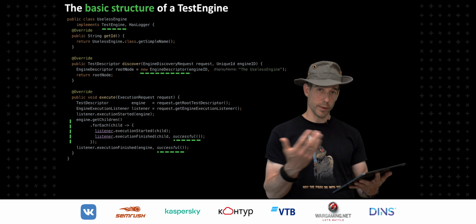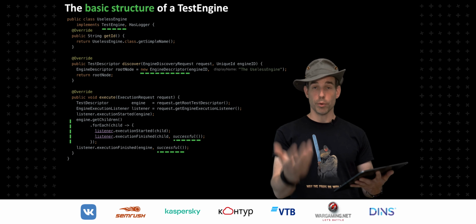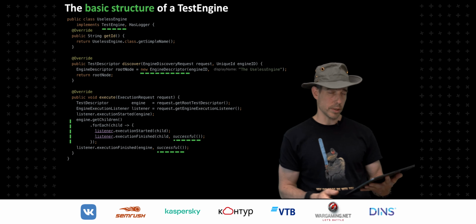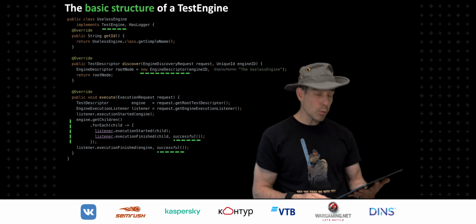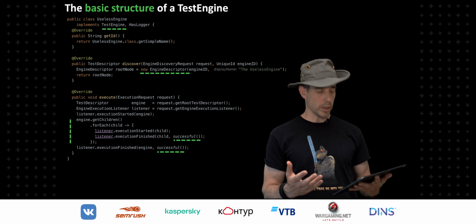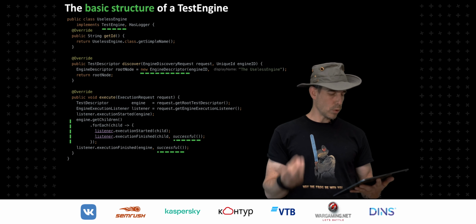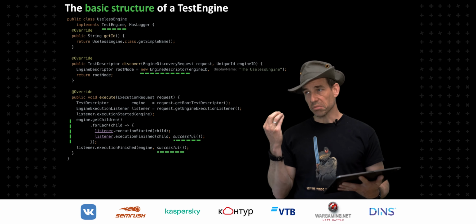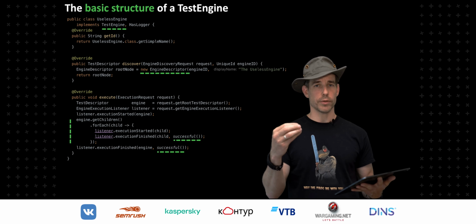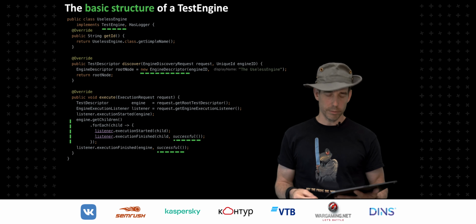Then we have the root node. This is the return type from the discovery method, so to identify what is a whole test plan. And then we have the execution itself. And this is all. So for the execution, you have now the engine, the instance of the engine, and the execution listeners, because during the execution plan you can just say listener A triggered, listener B triggered, and all this stuff.